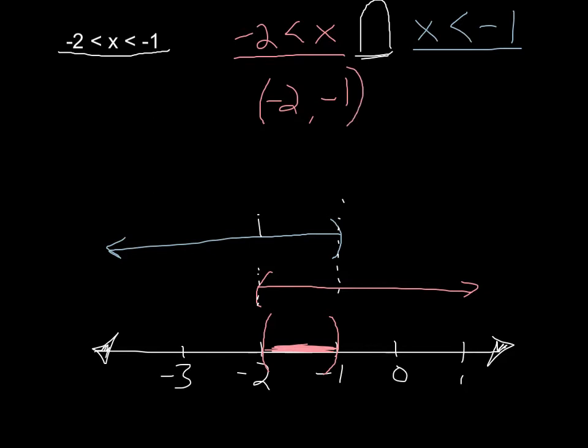So we've already done 3 of them. Set notation starts with squiggly braces, x such that, and we already have the inside of it from the compound inequality. That's the easiest way to write it. If you already have the compound inequality, just copy it right in from here.